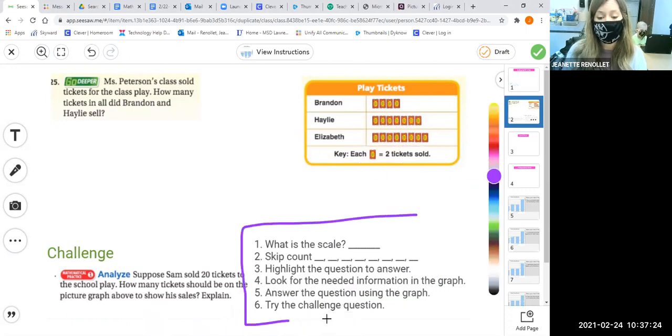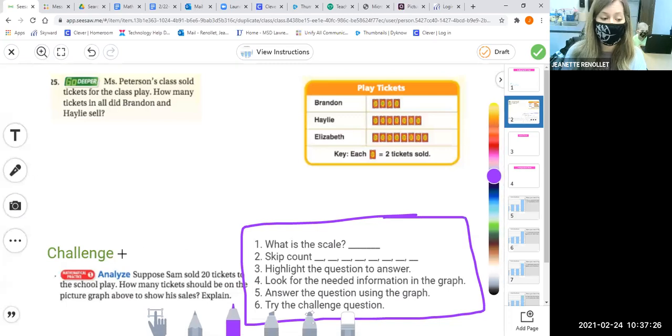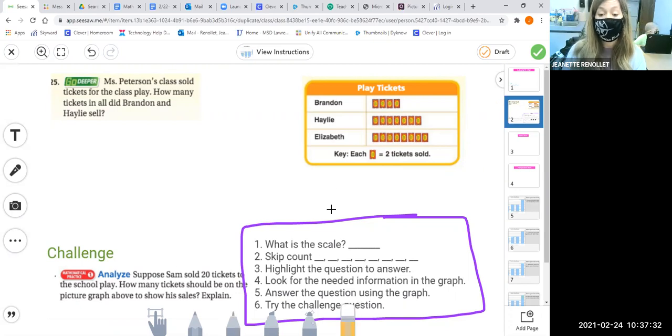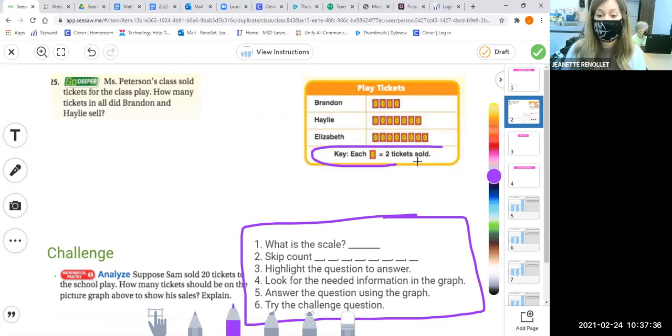Let's start down at the bottom and answer some of these questions that I have put a box around. Number 1, what is the scale? Our scale is counting by 2s. Our key tells us they're counting by 2s. Each picture means 2 tickets. So you need to fill in on slide number 2, what is the scale? The scale is 2.